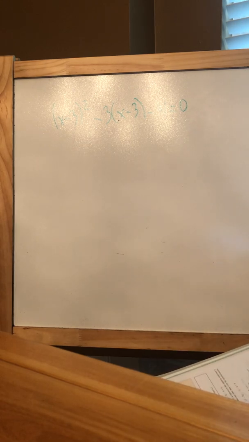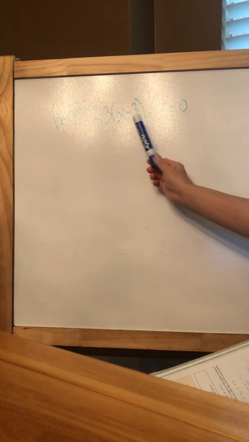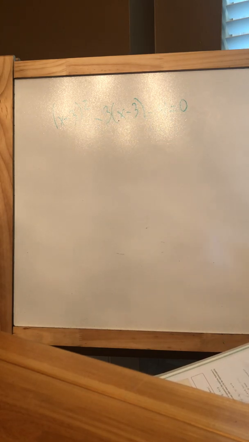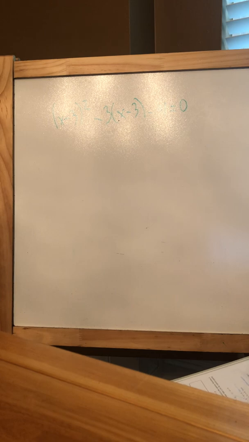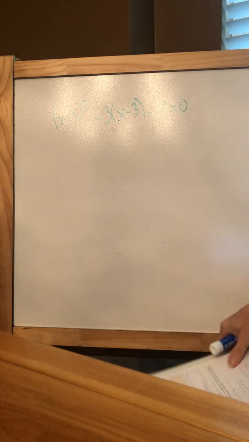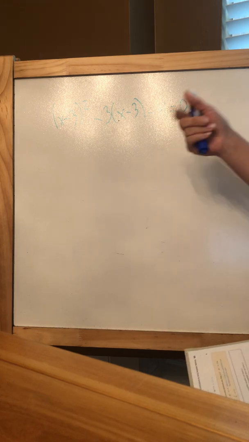So when you have something like this where you have a repeated value in parentheses, you can actually substitute a different variable in there for it and then solve the equation and then go back and solve for x.